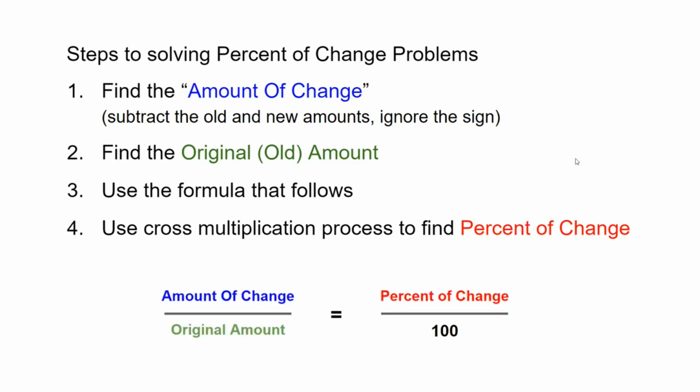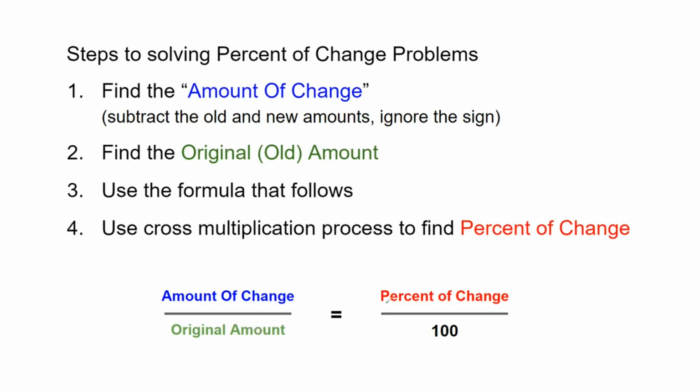So the formula looks like this, and you'll notice that it doesn't look too much different than is over of equals percent over 100. In place of is, we put the amount of the change. That's why we want to calculate that, highlighted in blue here. The original or old amount, in green, we will put in the place of of, or the whole.